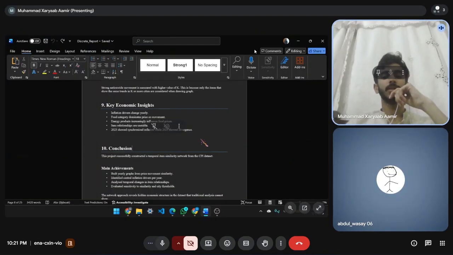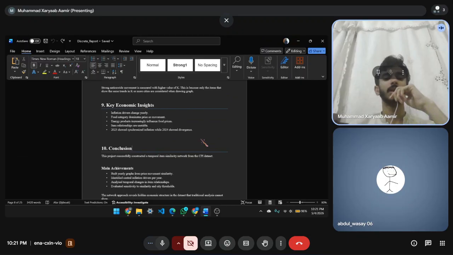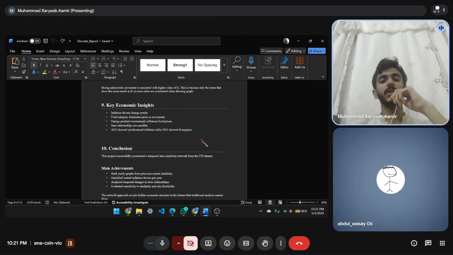Let me explain the main insights from the network analysis in a simpler way, overviewing all of it. In 2023, inflation was mainly driven by everyday food and clothing items. This shows that inflation was mostly concentrated in basic household consumption. In simple terms, people were mainly affected through food and clothing prices moving together.